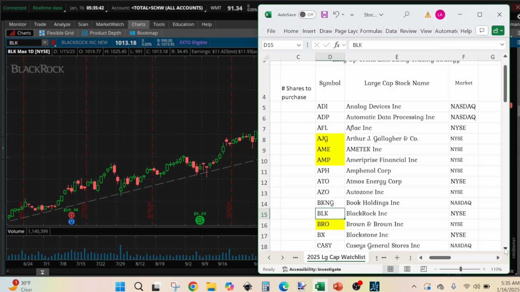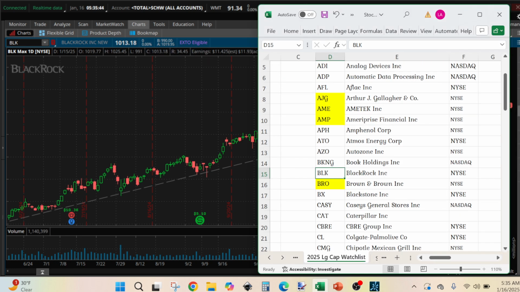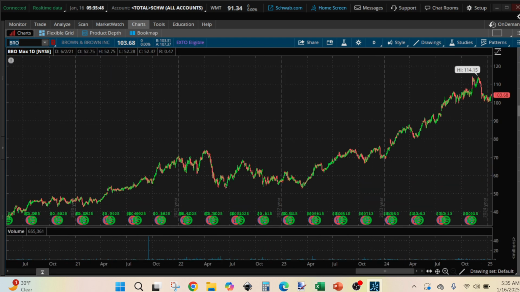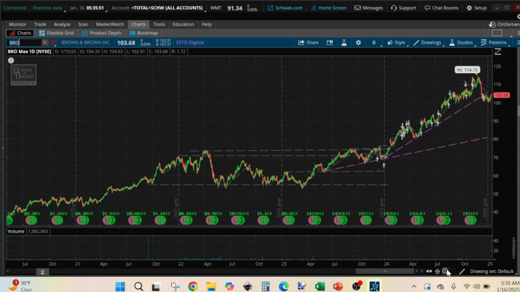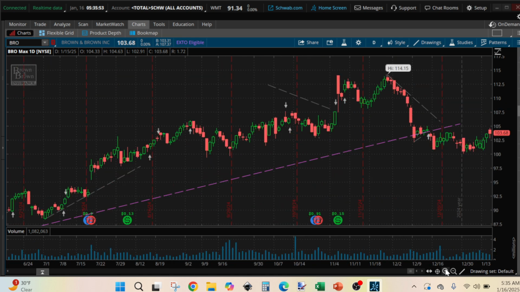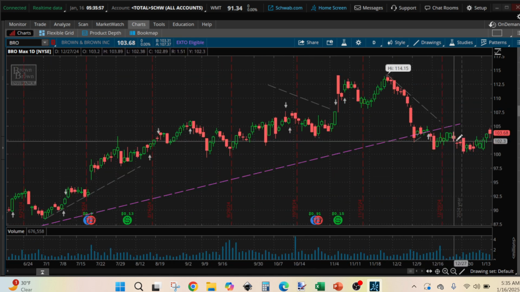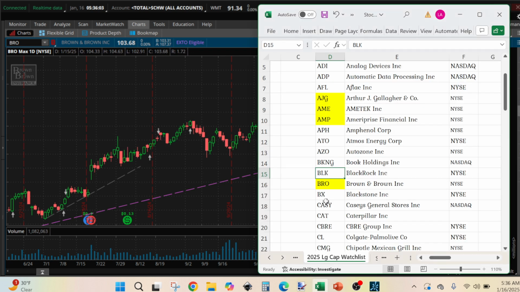The next one is BRO. We have it in our portfolio. We bought it at this trend line and then it went below it, but it's still around that zone. Yesterday was a pullback.